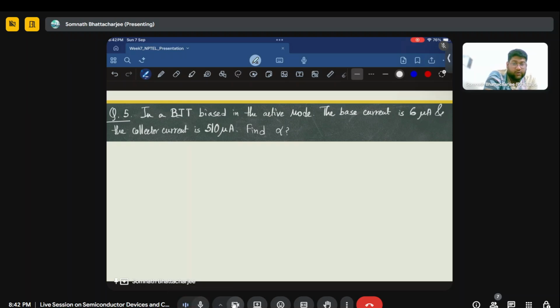And also consider that it is in the linear region, so it is in the active region.